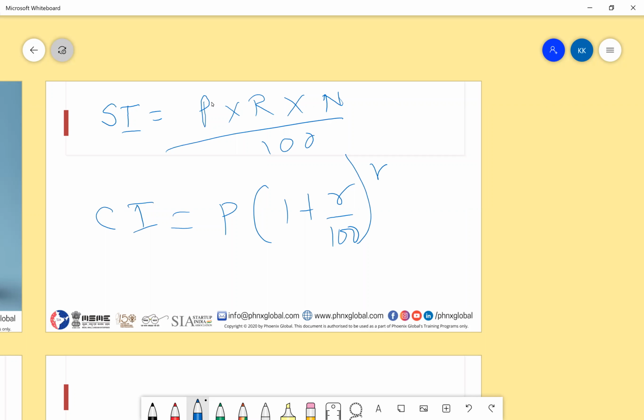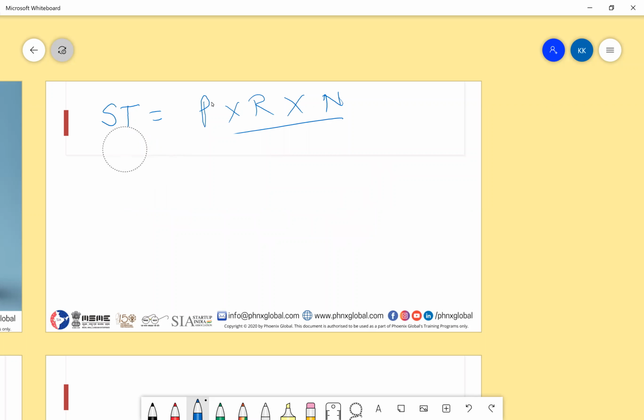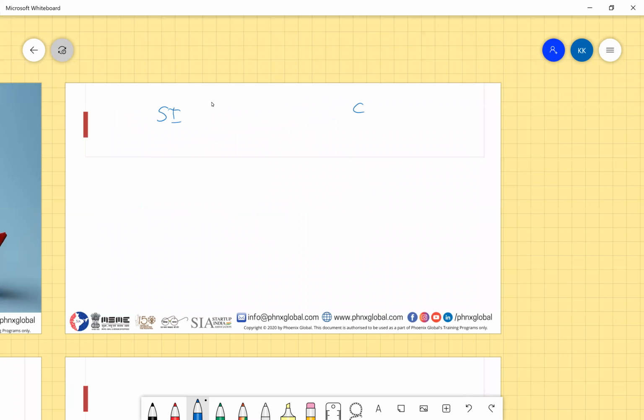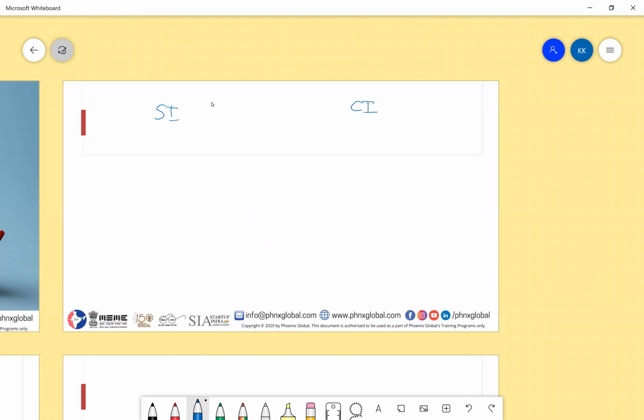So for the time being, this will be the formula that we'll be referring to. And I'll be telling you one method which will explain clearly what actually happens behind the scenes. So let's take a very simple example. We'll have your simple interest and your compound interest, and let us take the principal for both cases to be 100, and the rate of interest is 10.